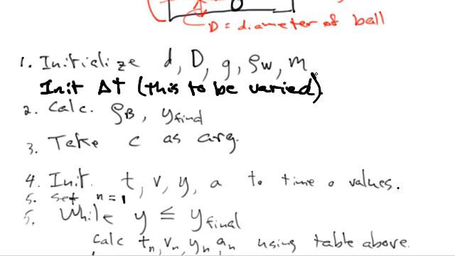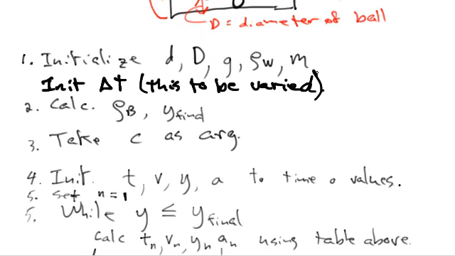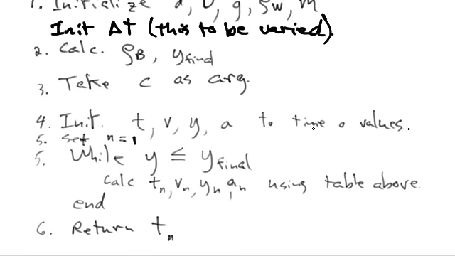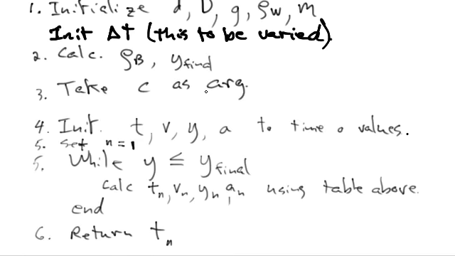See what we got to do next. Take C as an argument. See where I'm heading with this. Initialize these things. Alright, I got to bump up n inside the while loop. So n equals.